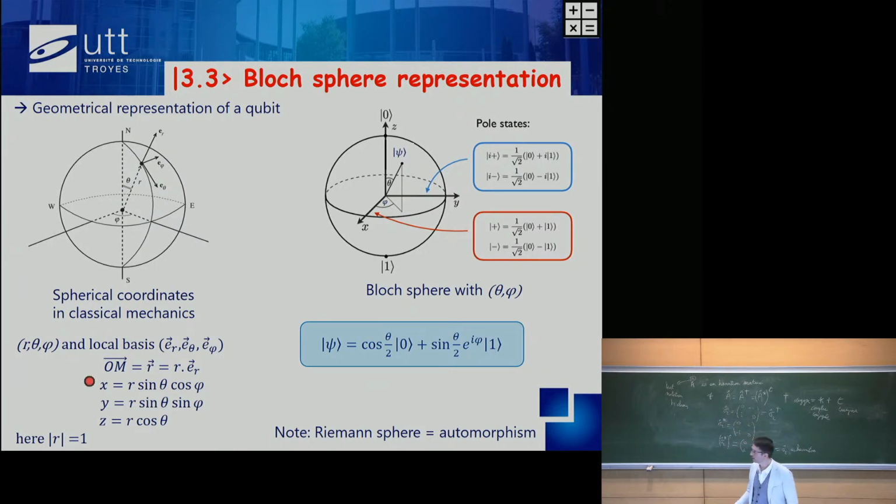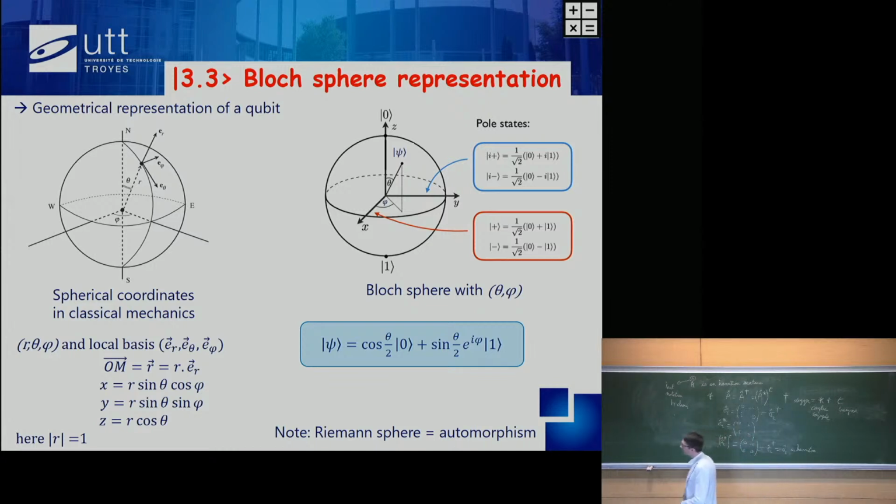The vector OM, from the center to the point that I want to represent, would have three Cartesian coordinates x, y, z, which look like r sin theta cos phi, r sin theta sin phi and r cos theta. Okay. All right, so that's classical mechanics.